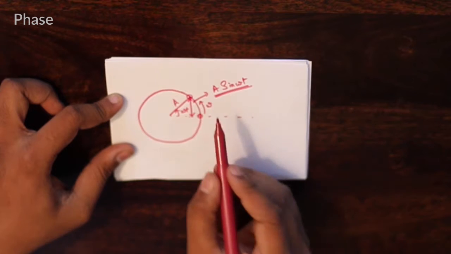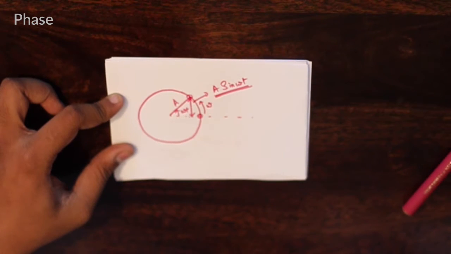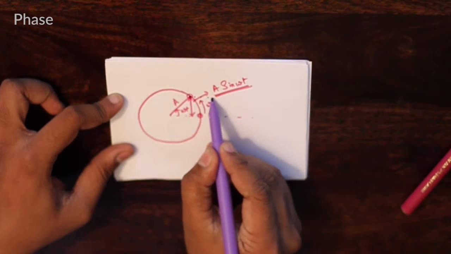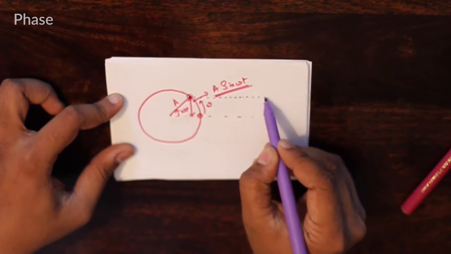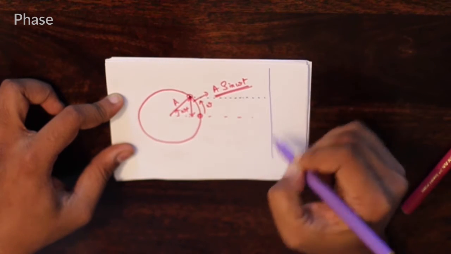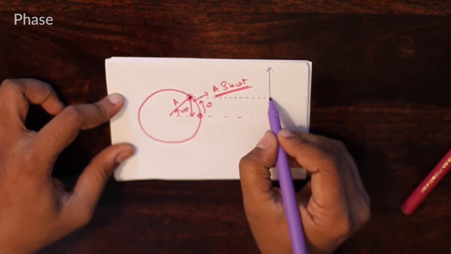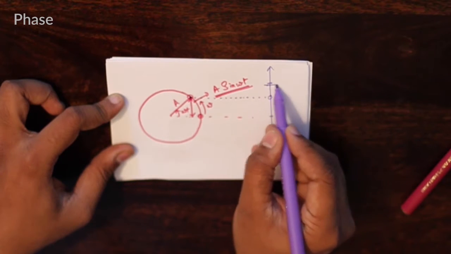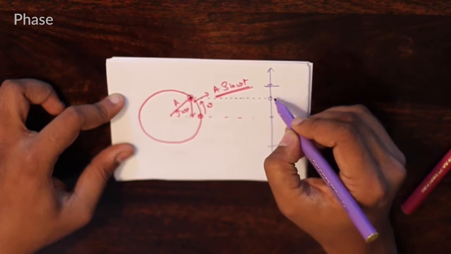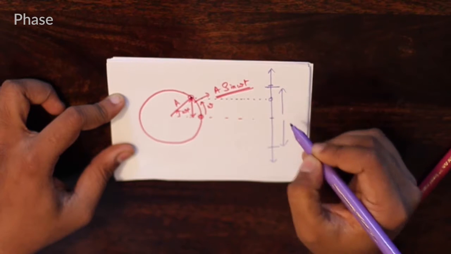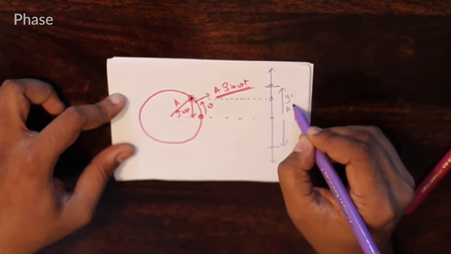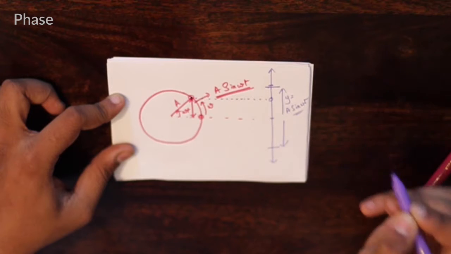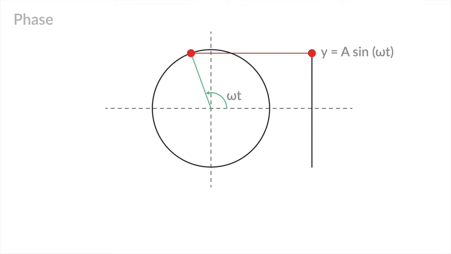So what's going on here? If I mapped the projection of this bob on the y-axis, then you will see that the bob is undergoing an SHM which goes as y is equal to a sine omega t. Which looks like this. The y projection is a sine omega t, which is an SHM.